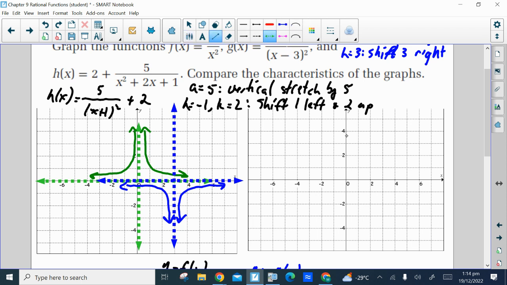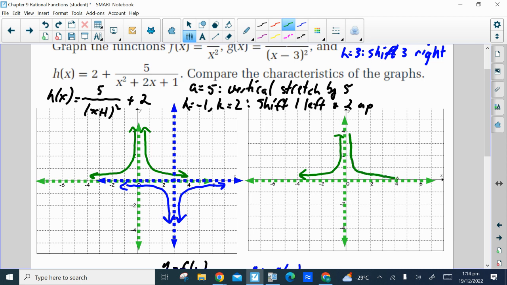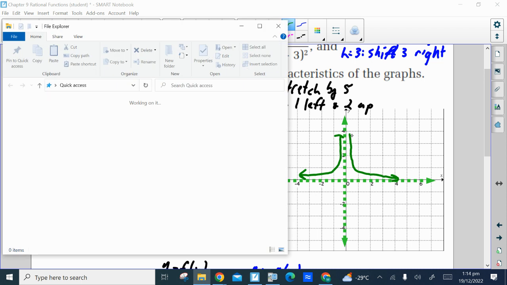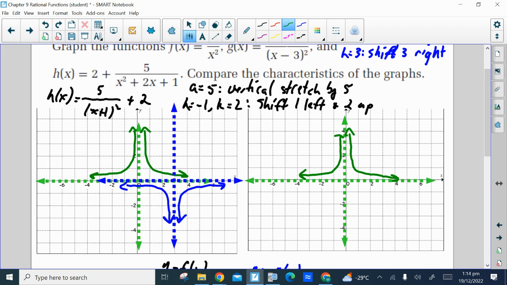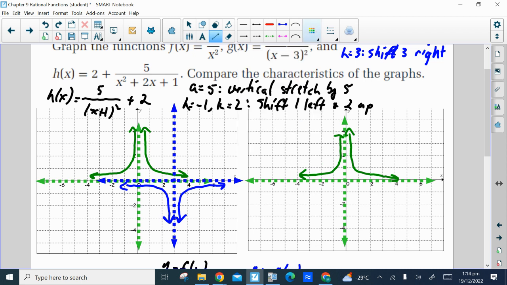But first we'll start with the original one, 1 over x squared. And now we'll do our new one, which goes left 1.